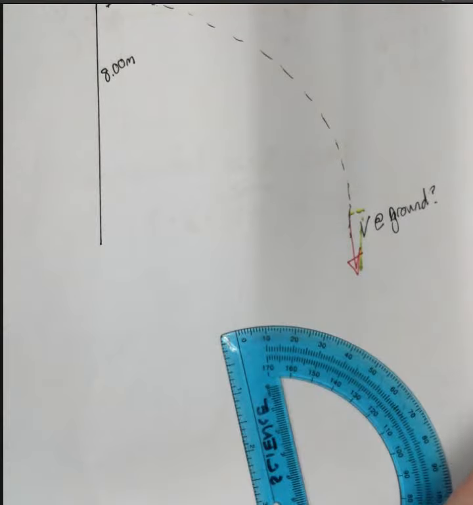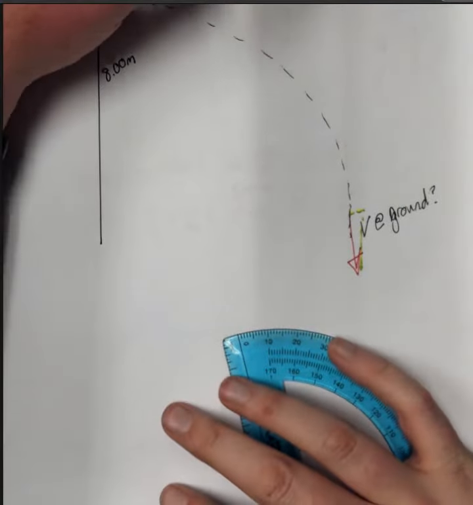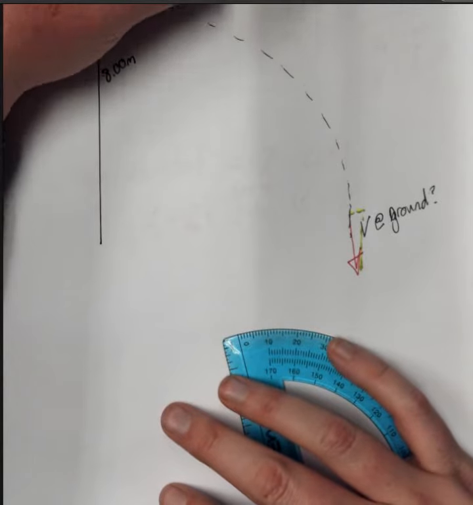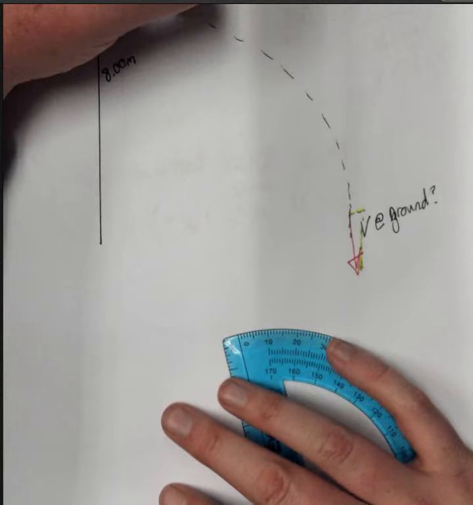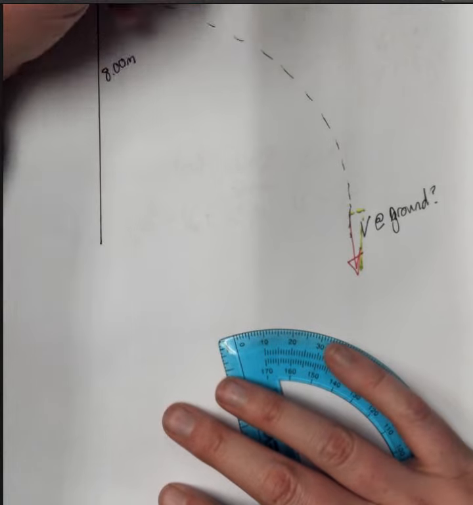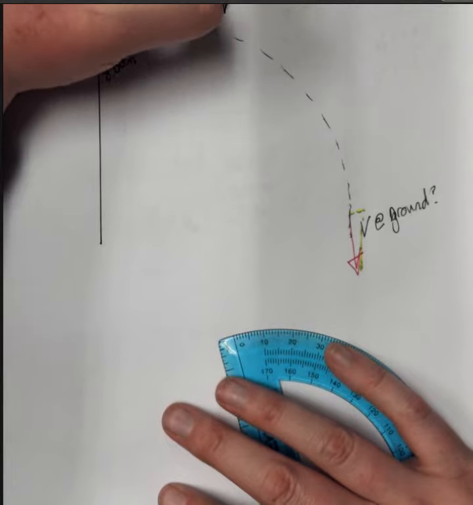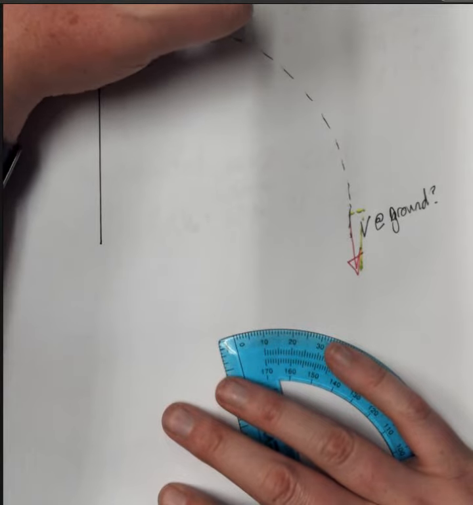And we can do that because we know that in the vertical or y direction, Vy is going to equal negative gt, and the position is going to equal negative 1/2 gt squared.